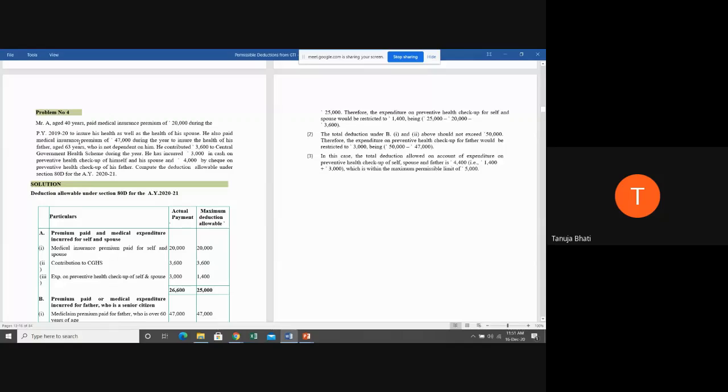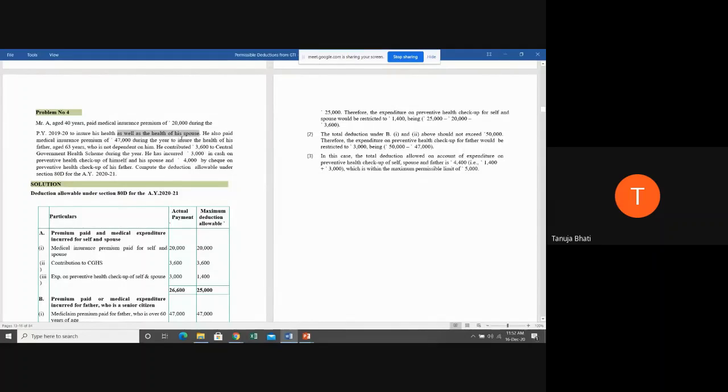Now let us see a problem on section 80D so that you will understand the concept better. Mr. A, who is aged 40 years, is less than 60 years, so he is not a senior citizen. But he paid a medical insurance premium of 20,000 during the previous year to ensure his health as well as the health of his spouse.